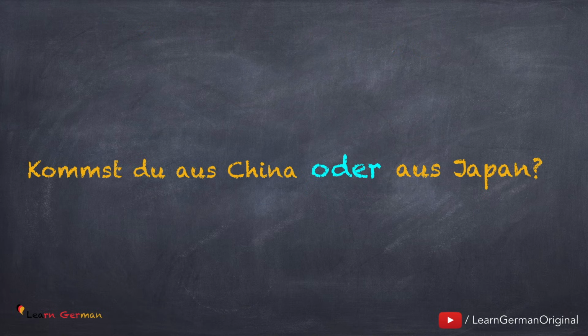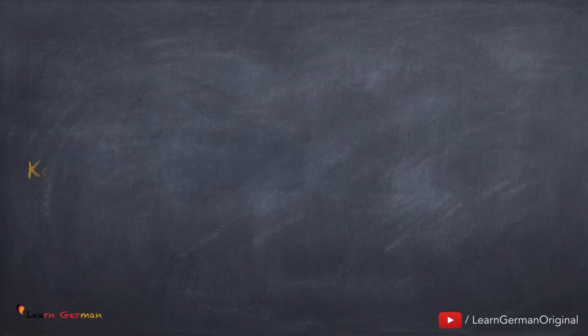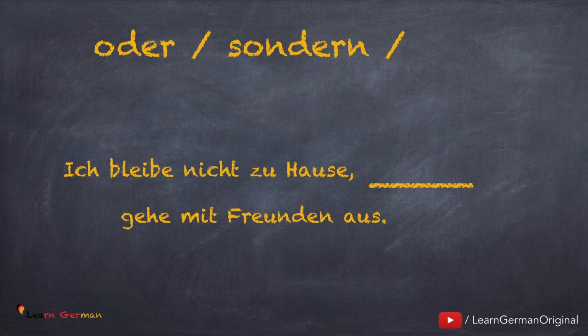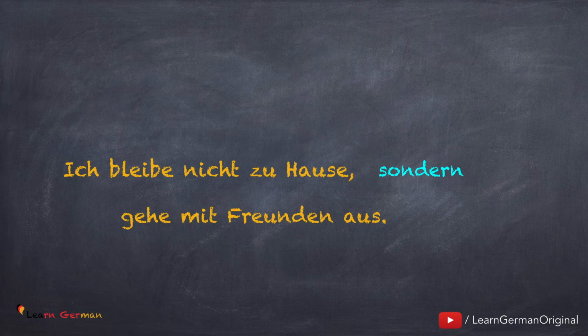And the answer is Kommst du aus China oder aus Japan? And now the last one. And the answer is Ich bleibe nicht zu Hause, sondern gehe mit Freunden aus.